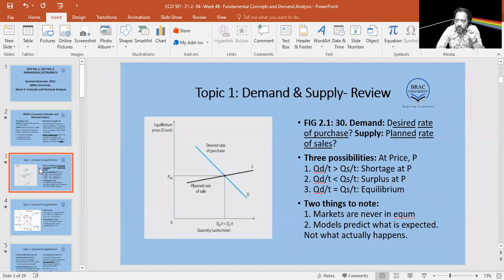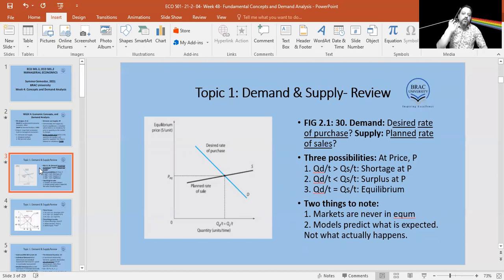That's obvious. But in the graph, if you observe very carefully, it's written desired rate of purchase for demand, planned rate of sale for supply. And then we see an equilibrium. What's desired rate of purchase? Before households make a purchase, they look at the price.